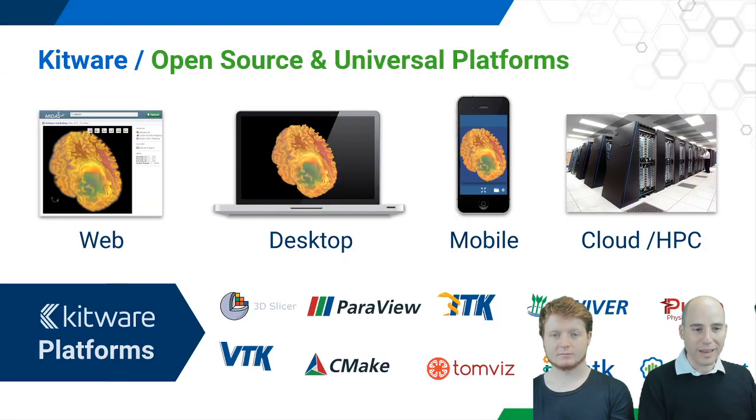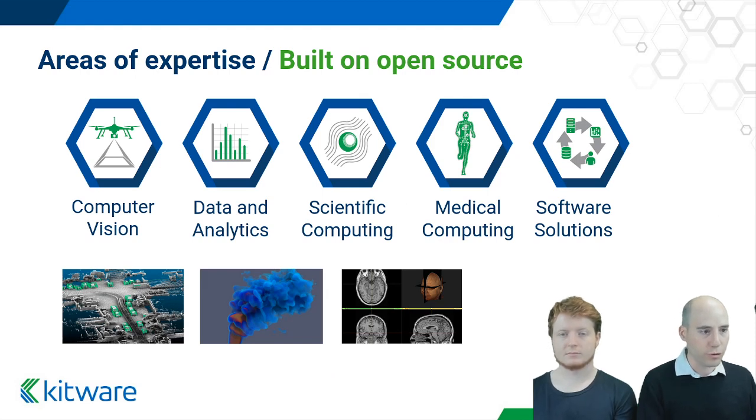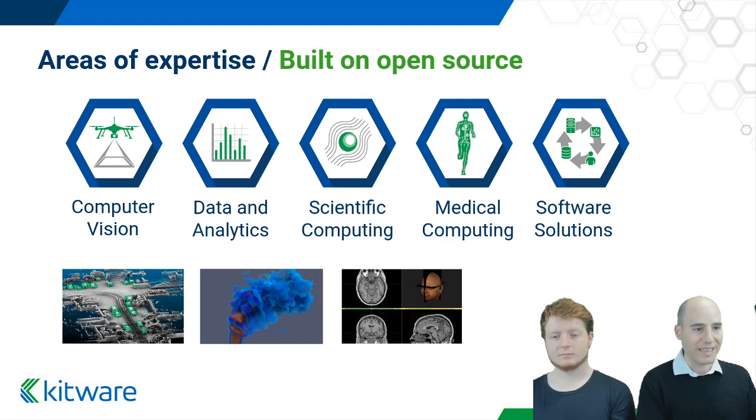So what do we do at Kitware? We develop open source software that we call platforms, because they are much more than just software. They are modules that you can use to build your own solution based on these modules. This is open source software that targets mainly scientific applications in several areas, like computer vision with image processing, data analytics, scientific computing, scientific visualization.